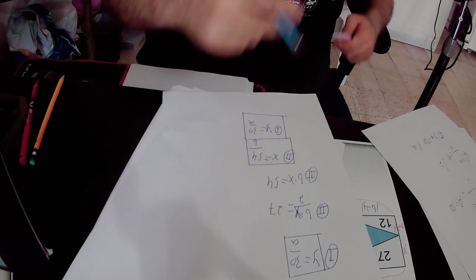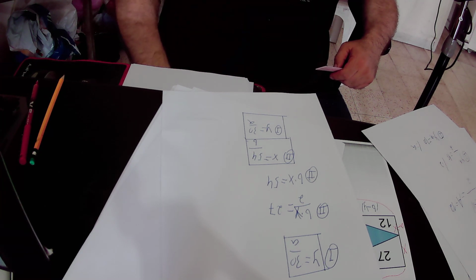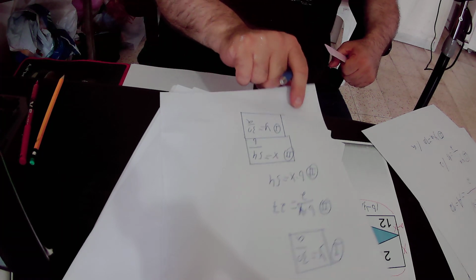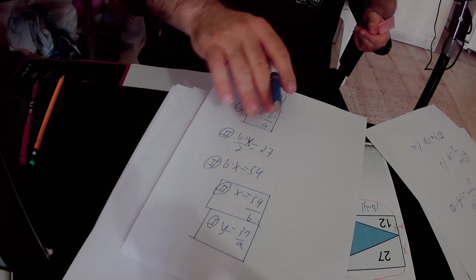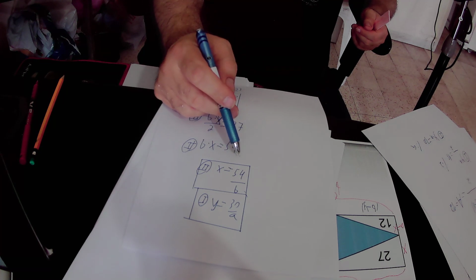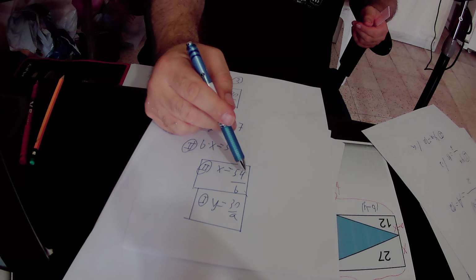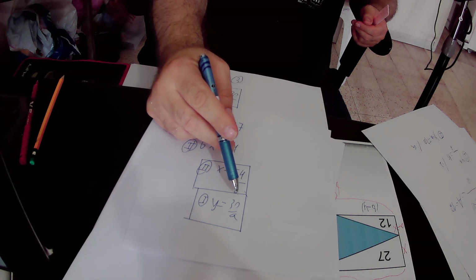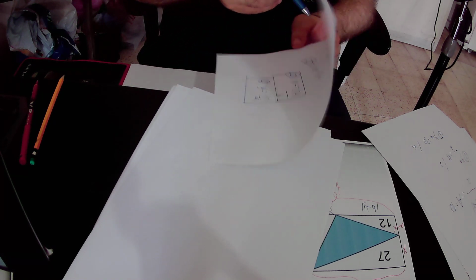Now we will substitute x and y in the third equation. We will substitute x by 54 over b, and we will substitute y by 30 over a in the third equation.